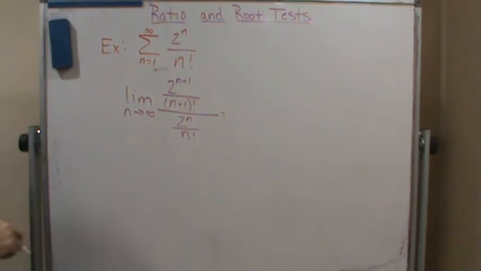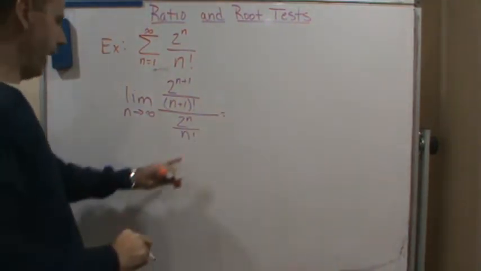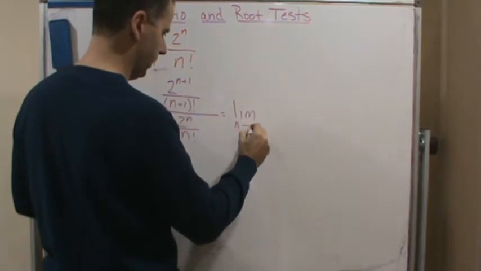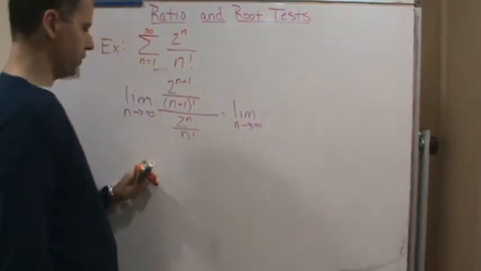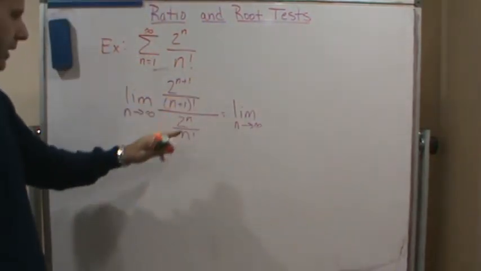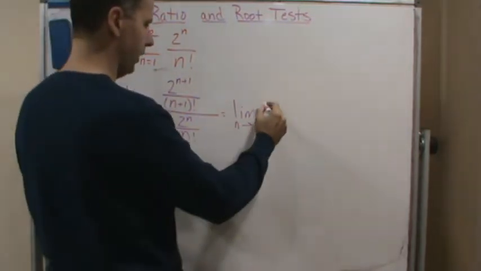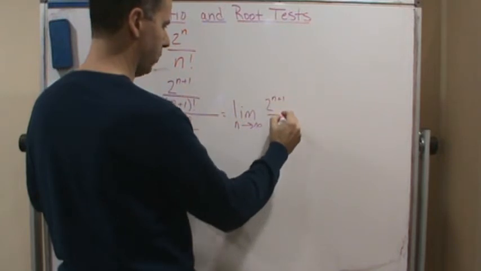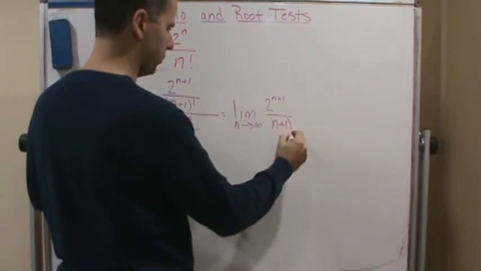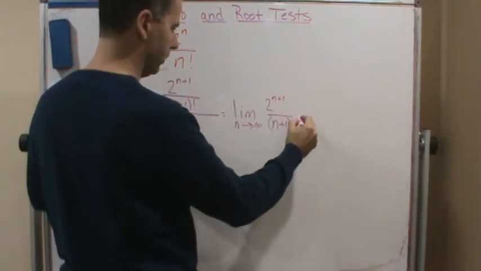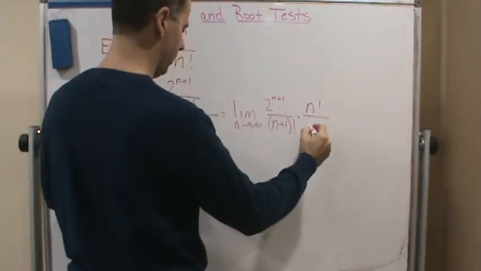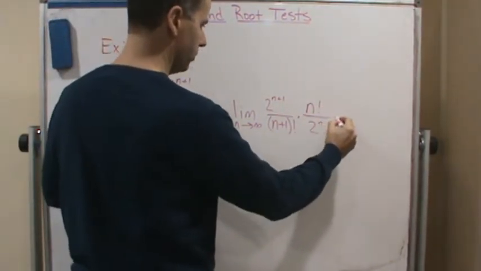And so now I'm going to simplify the fraction, and I'm going to write this as the limit as n approaches infinity. Now I'm going to flip the denominator and write this as a product. So this is going to be 2 to the n plus 1 over n plus 1 factorial times n factorial over 2 to the n.